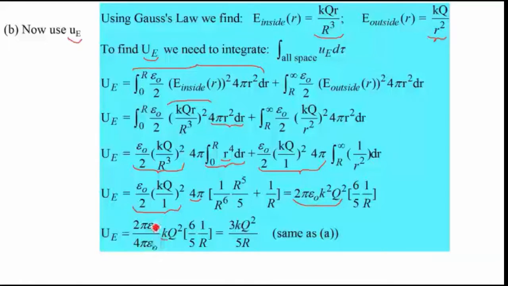I want to get rid of some of this pi epsilon naught dependence. Again, the brackets are the same. Simplifying this, then, you'll notice that this is just 1/2, so we end up with 3 little k q squared over 5 capital R. And that's exactly the same as we got in A. If you take this and do our transformation to rho, you obviously should get the same thing.